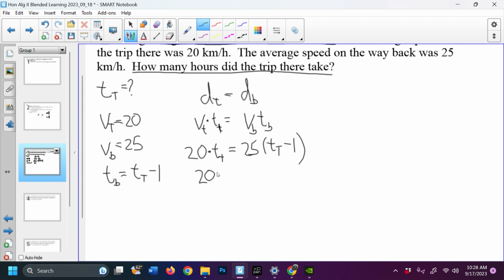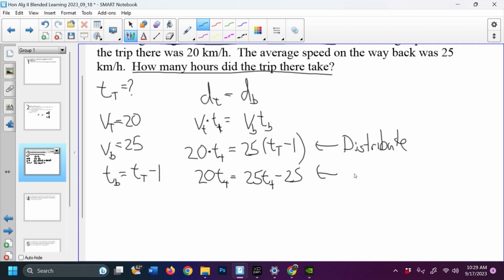This is 20t, and then I'm going to distribute: 25t minus 25.